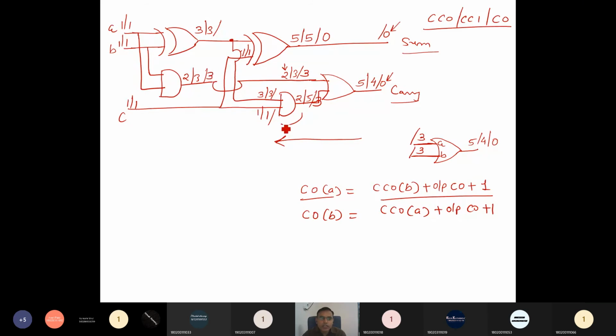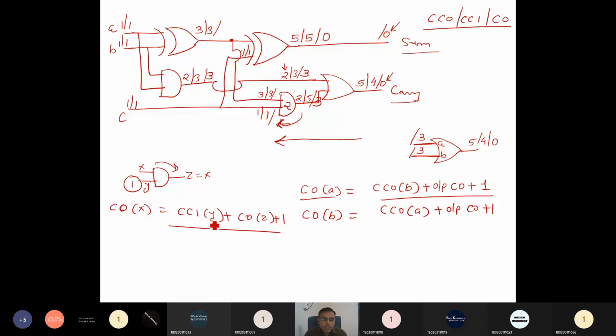And let me calculate from this observability to the observability of the inputs of this second AND gate. So we know for the AND gate, when we want to observe at the output, we have to keep the other input at 1, right? So suppose I want to calculate CO of X, and suppose this is the Y input, then it is CC1 of Y plus CO of Z plus 1, right?